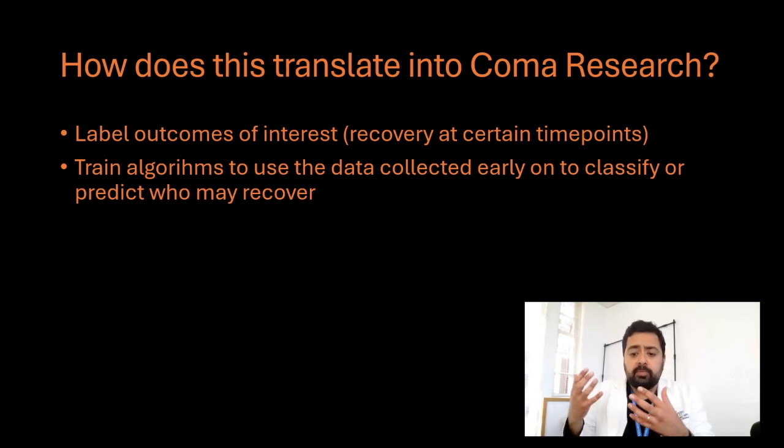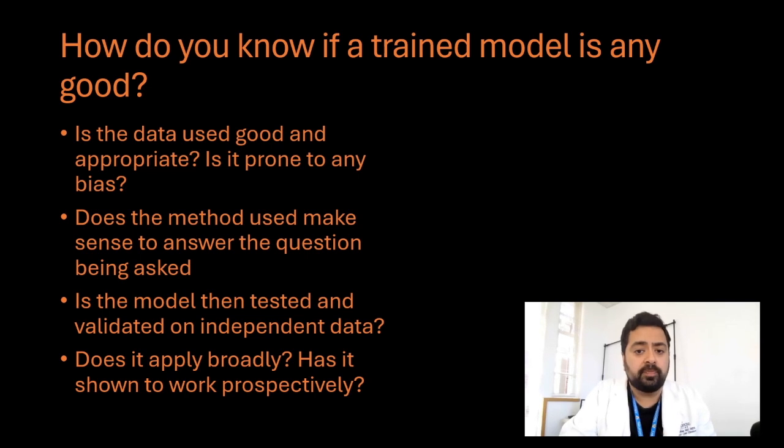We can see how people look at different points in time. We have different kinds of imaging outputs. We have different kinds of EEG outputs. We have different kinds of outcomes that we care about with these patients. And you can train algorithms using machine learning, using the data that you've collected, and you could use these different techniques. So that, in a nutshell, is how machine learning is being used in coma research.